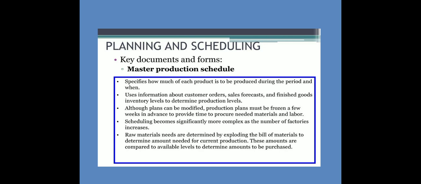Although plans can be modified, production plans must be frozen a few weeks in advance to provide time to procure needed materials and labor. Scheduling becomes significantly more complex as the number of factories increases. Raw materials needs are determined by exploding the bill of materials to determine amount needed for current production. These amounts are compared to available levels to determine amount to be purchased.